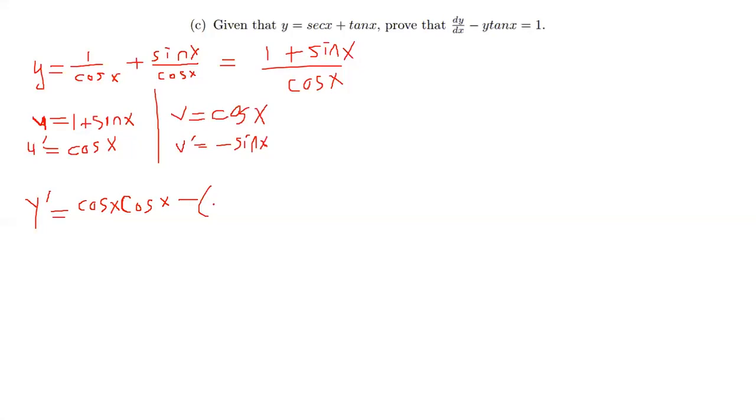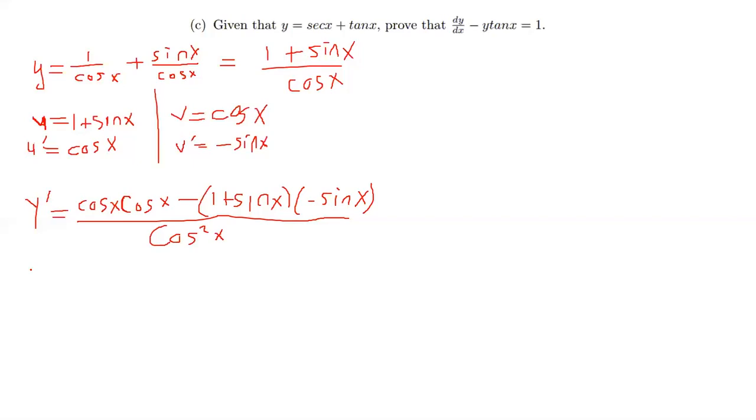Our u is 1 plus sine x, and then multiplied by v prime, which is negative sine x. And then you divide everything by v squared. My v there is cos x, so when I square cos, it will be cos squared x.